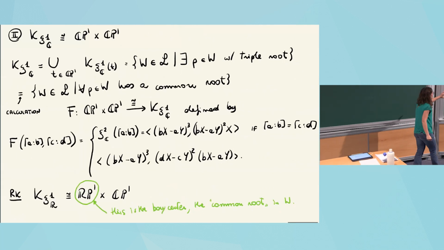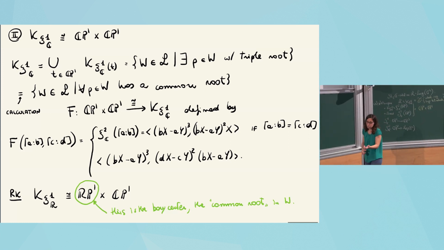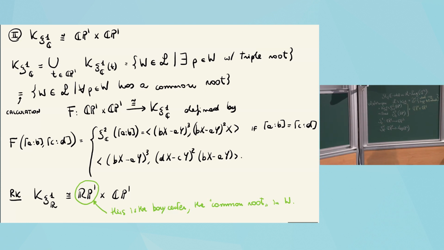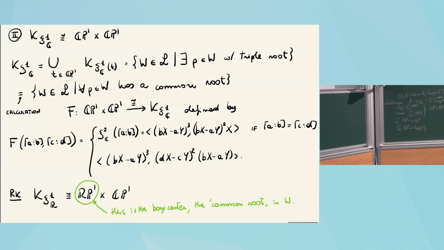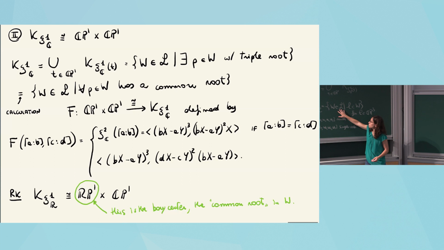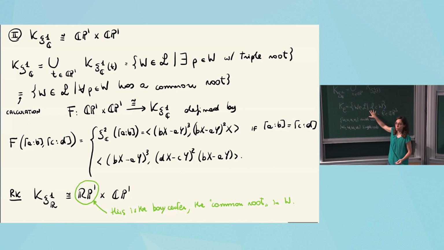Yeah, so what about this degeneration? For this degeneration, we can really write down the homeomorphism concretely, plus one observation. So this set, by definition, is the set of all Lagrangians that contain a polynomial with a triple root.